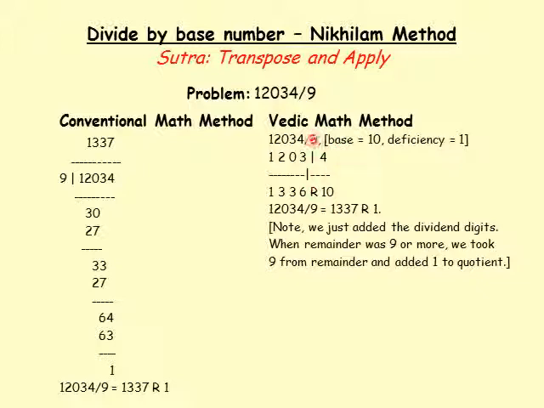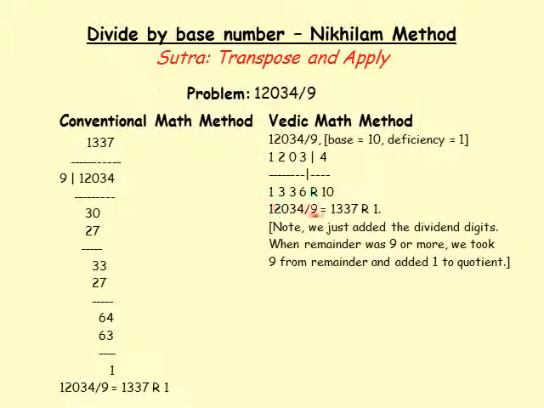In division by 9, a remainder of 10 is too much, so we divide 10 again by 9 with the quotient 1, remainder 1. The 1 we add to the quotient here, and the quotient becomes 1337, remainder is 1. So the answer is 1337, remainder 1.